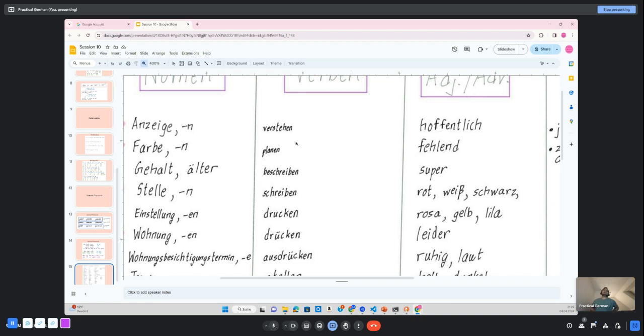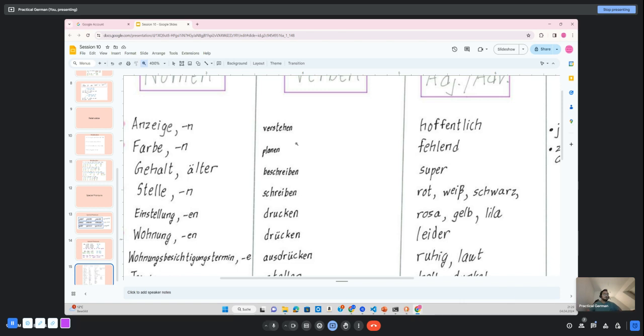Verstehen is to understand. Planen, to plan. Beschreiben, to describe. Schreiben, to write. Drucken. I'm not sure of the difference between drucken and drucken.